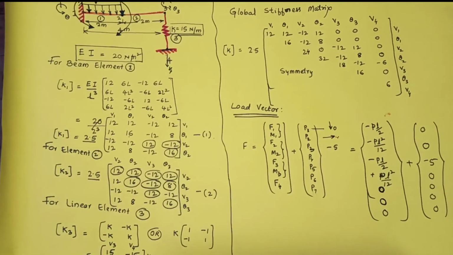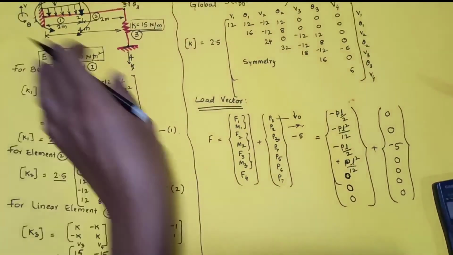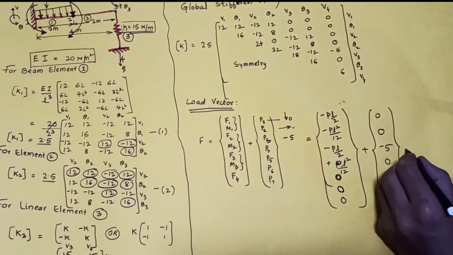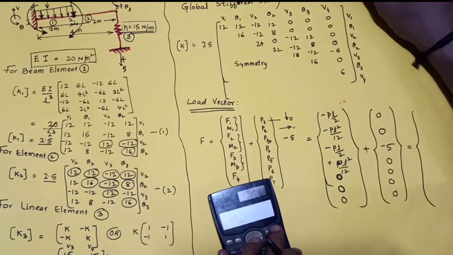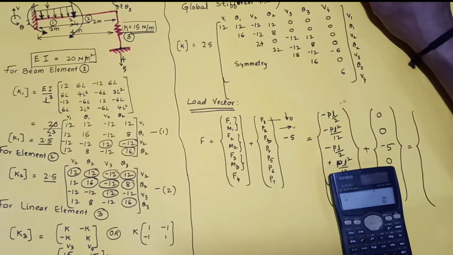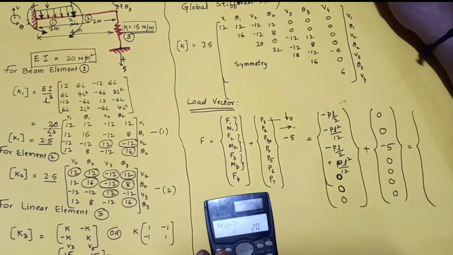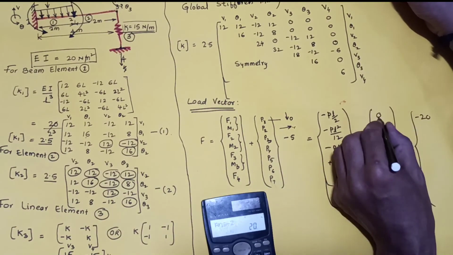Finally I will write here if it is not clear. So what is PL by 2? PL by 2 is the force. P is how much is acting, the UDL, that is 20, and L is 2, so it will be 20 again, minus 20 plus 0.